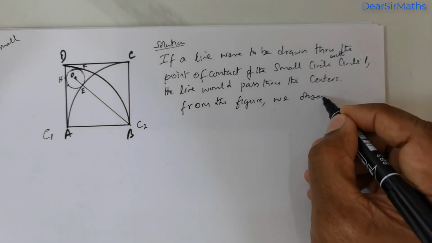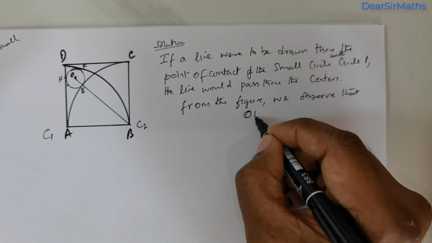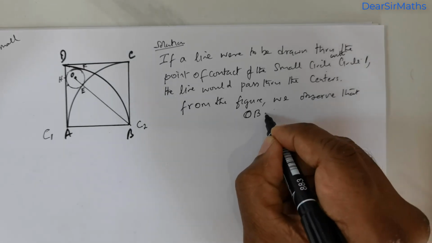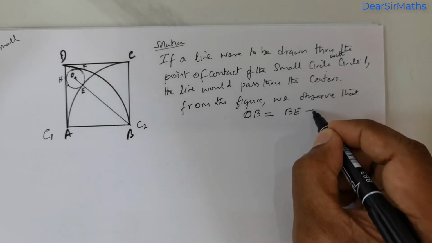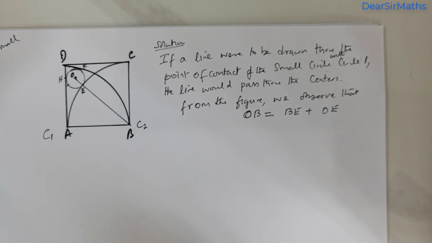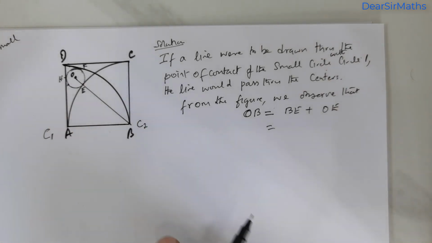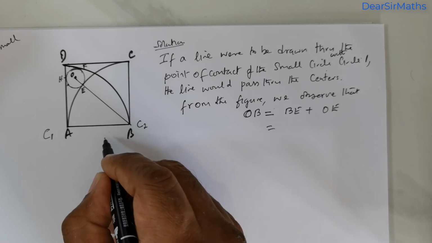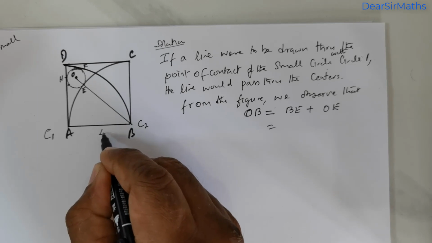OB, from the figure we observe that OB is equal to BE plus OE, right? Now what is BE? Now we've been given the sides to be 4 units.